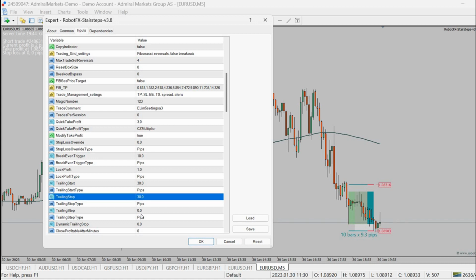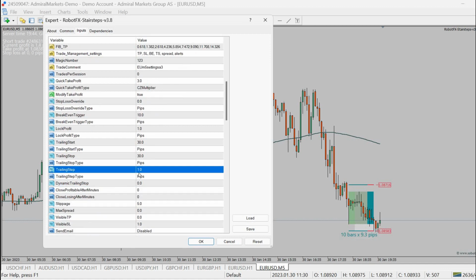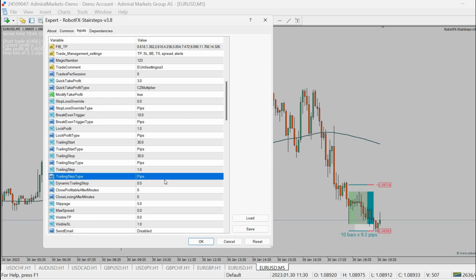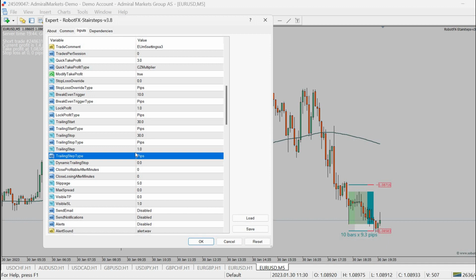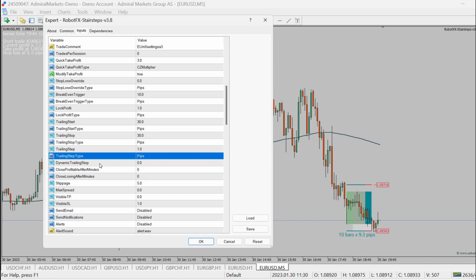So the stop loss will be dragged at that distance if the price moves in our favor, step by step, and setting the trailing step to 1 pip, every time the price moves 1 pip in our favor, the stop loss will move. These are more or less self-explanatory. I think every trader is familiar with these settings, but I'm trying to explain them anyway.